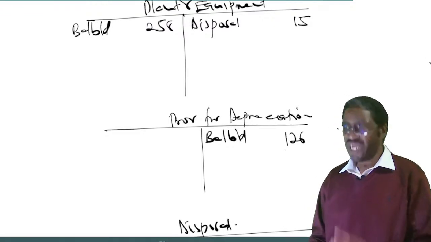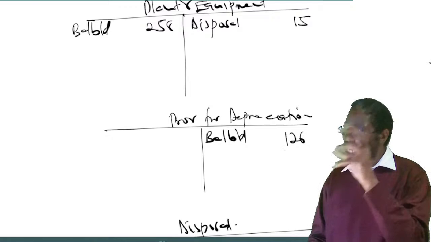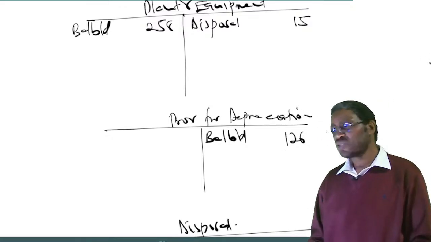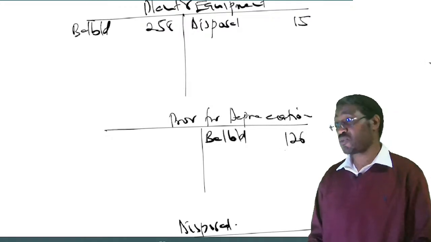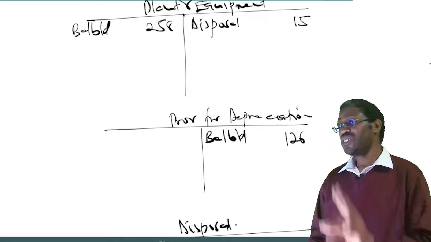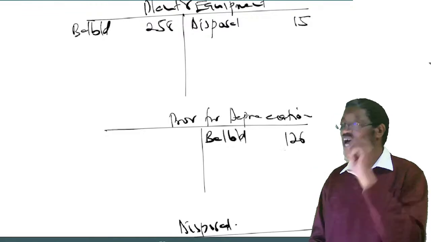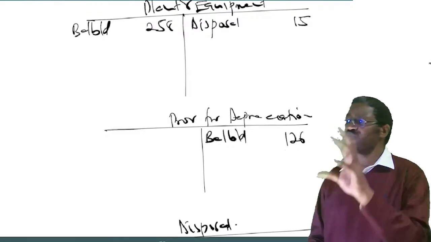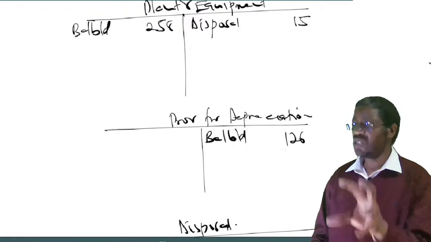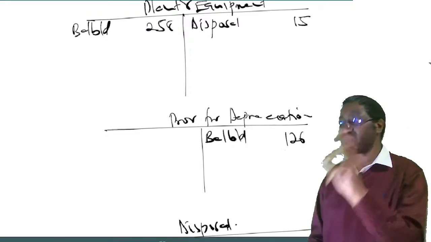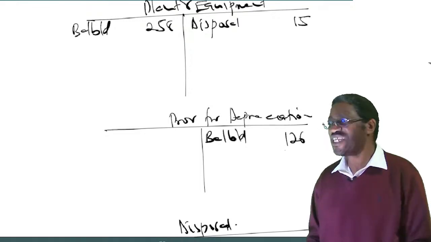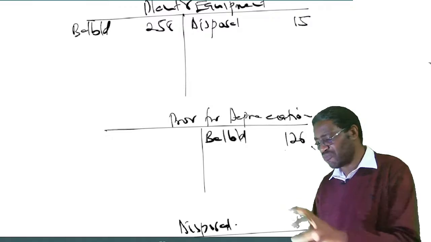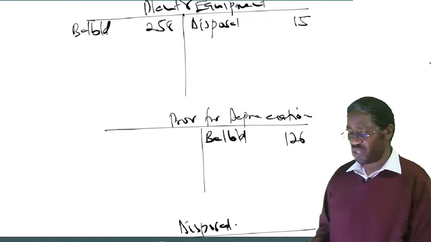Anytime you sell an asset, its depreciation must also be removed from the books. So step number 2 says, transfer the accumulated depreciation of the asset sold from the provision for depreciation to the disposal account.